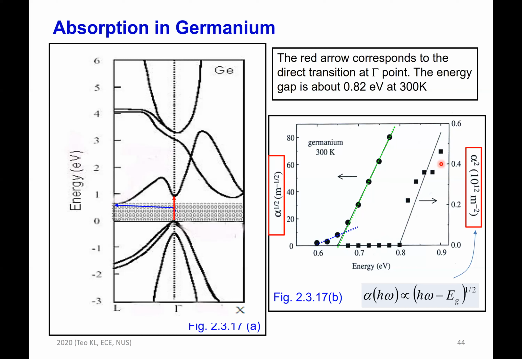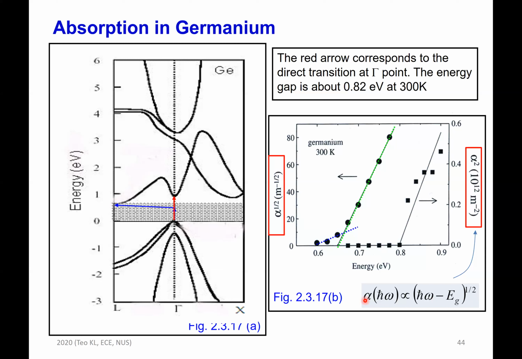Now, this is plotted as alpha squared. Down here, there's no signal, and after that, it goes up linearly. Remember, in a direct bandgap semiconductor, the absorption coefficient is proportional to the square root of h bar omega minus Eg.